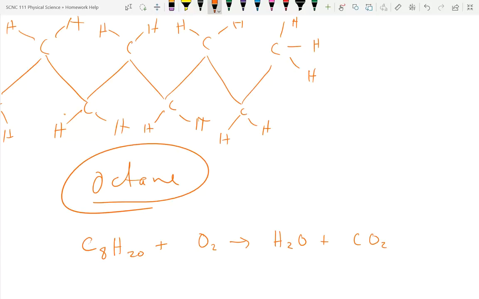How do you balance this equation? The first thing, what was that? Carbon. Okay, the first thing is the carbon. We have 8 carbons here. So since we have one of these, we're going to have 8. And then we balanced our carbons. Now the hydrogens, we had 20 hydrogens, so how many water molecules do we need?